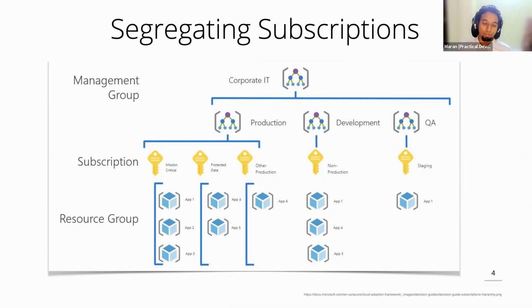So that way, whether you're organizing your subscriptions as dev, test, and prod, or whether you have your management groups, which is one level higher in the hierarchy, if you split your production management group, development management group, there's pros and cons of these approaches.